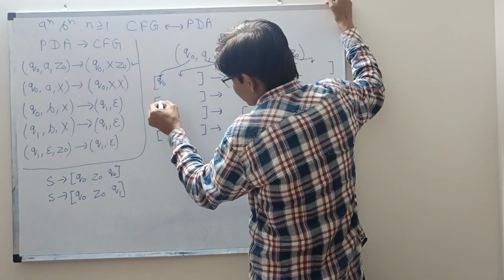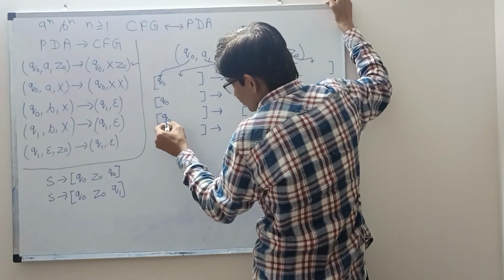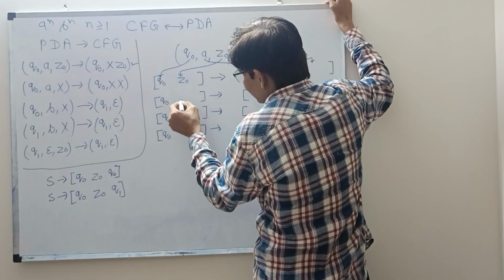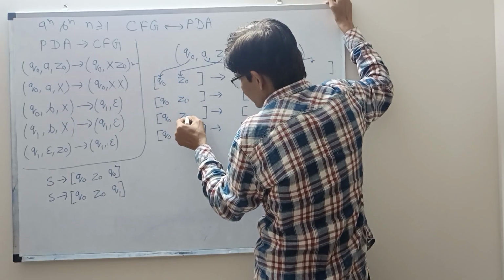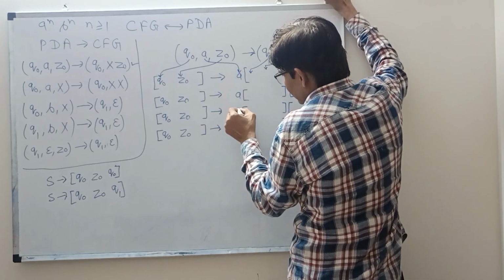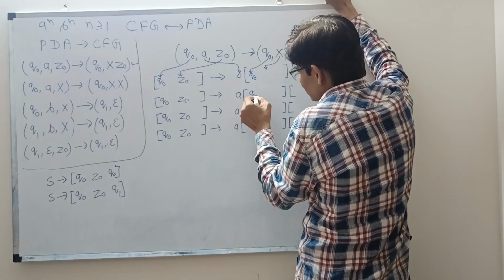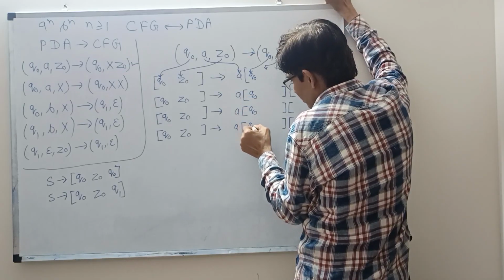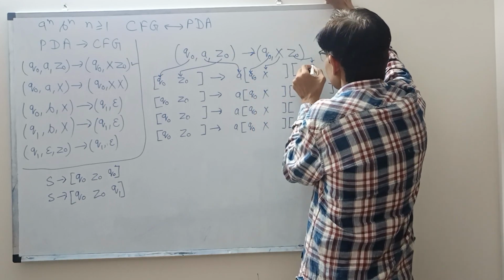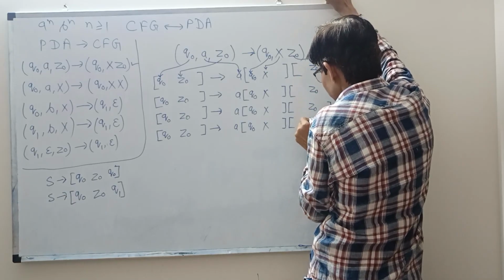It would be Q0, Q0, and these values will be common in all four productions. Then it is Z0, Z0, Z0, Z0. Then here it is A, A, and A. Here it is Q0, Q0, Q0, and Q0. And then here it is X, X, X, and X. Here it is Z0, Z0, Z0, Z0.